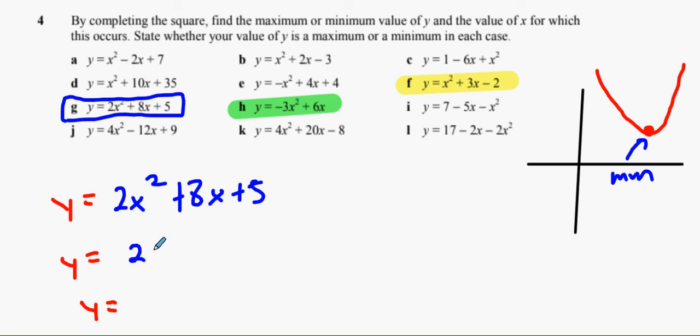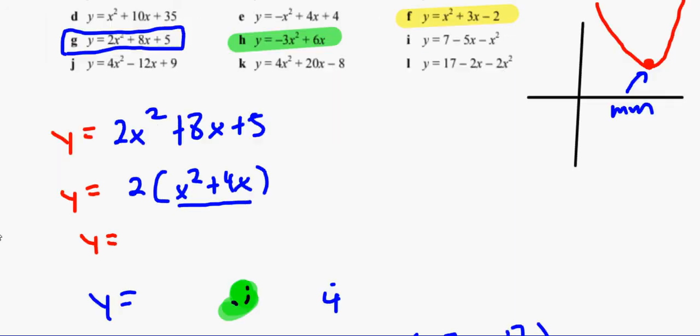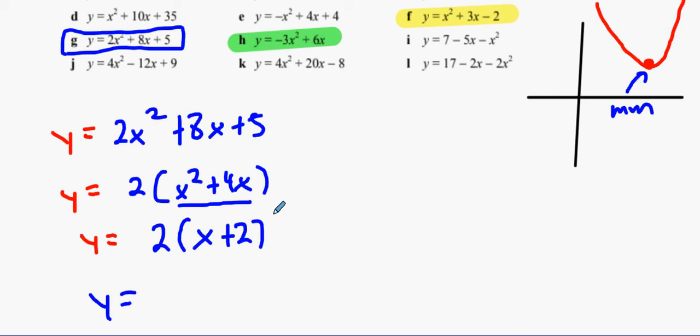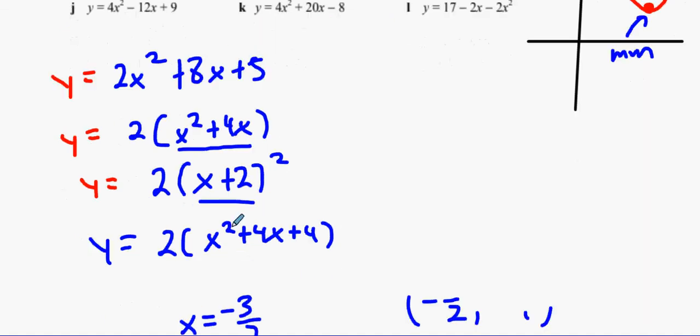And what do we get left over? Now, you're just going to look at the x squared plus 4x part and what you're going to change that into. Yep. It's almost like you know what you're doing. Now, what happens when you multiply x plus 2 squared? Yep. Multiply it out for me then.